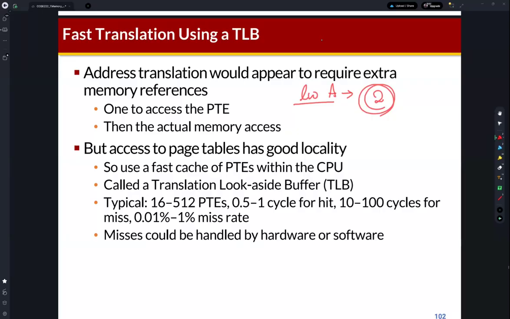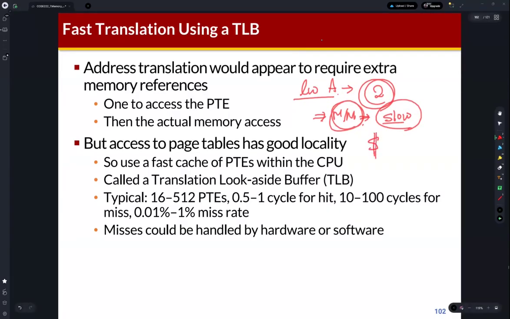What is the problem? The problem is that to get the physical page number, we need to access the main memory, and the main memory is slow. So how can we solve this issue? Main memory is slow, so the CPU exploits cache. We can also apply the caching mechanism to this page table.